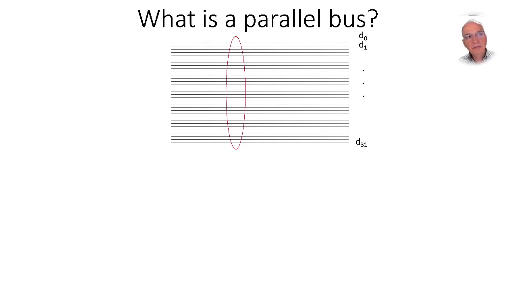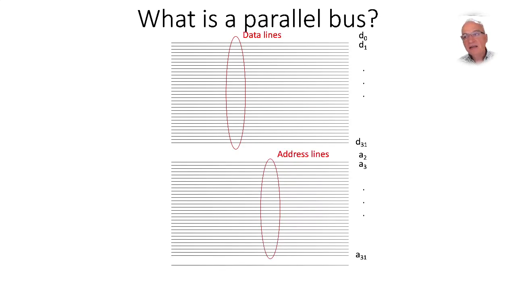Besides the data lines that I have in my bus, I also have address lines, and if I have a 32-bit machine, there will also be 32 address lines, and then I have additional lines that are the control lines. For example, when the processor is about to execute an instruction, the processor has to read that instruction from memory.